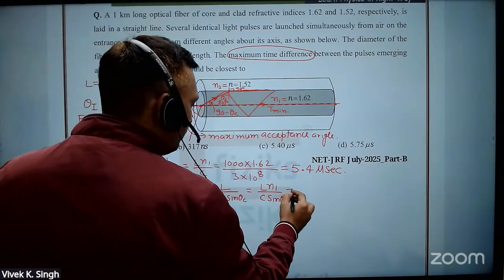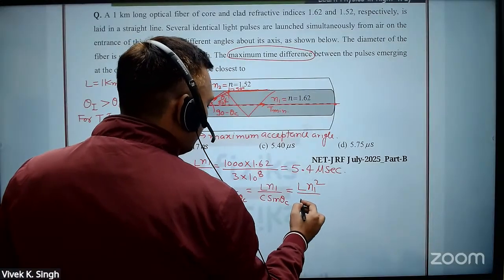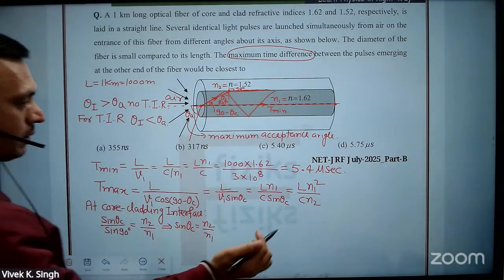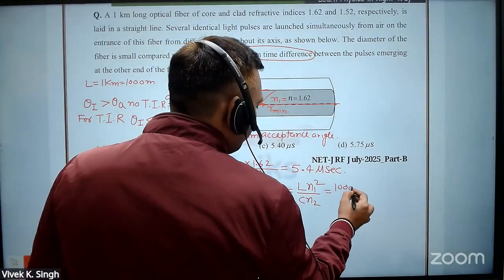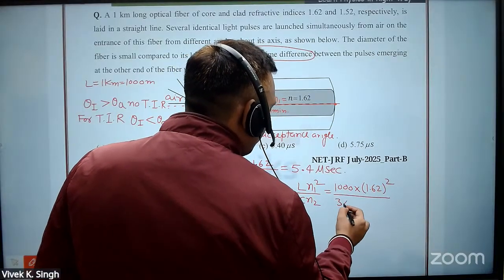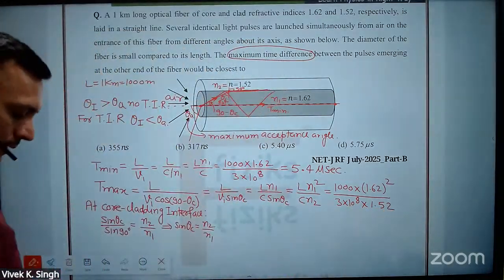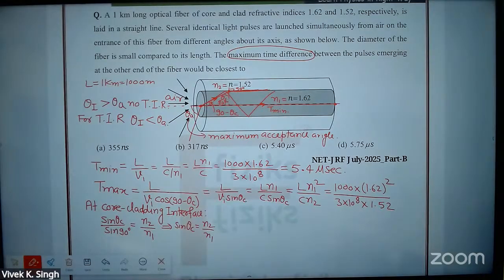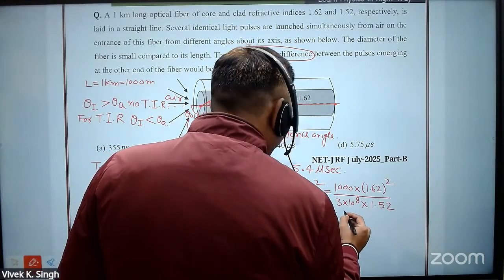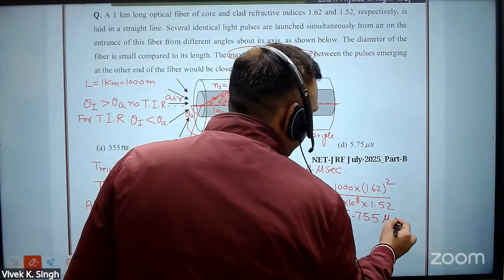If you substitute this value, this will be L N1 square by C N2. So that will be the maximum time. You have to calculate this value again. This is 1000 into 1.62 whole square, divided by 3 into 10 to the power 8 into 1.52. I have calculated this value, approximately 5.7 microsecond. Use a calculator.